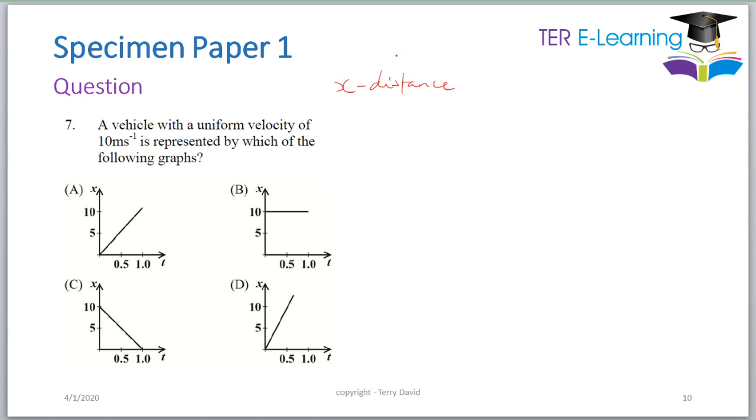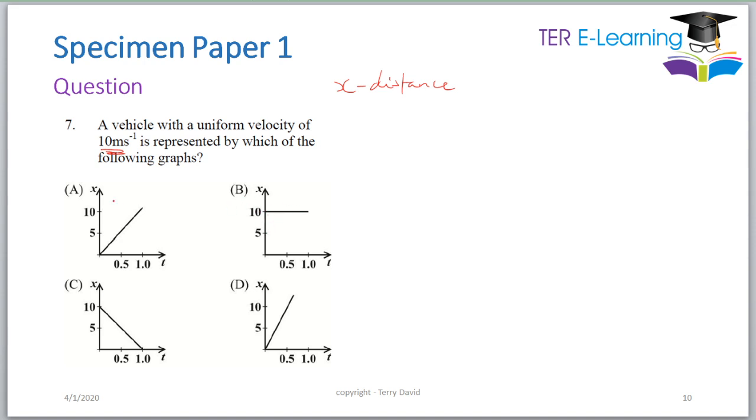They are telling us it's a uniform velocity of 10 meters per second. Now, if you have a distance-time graph and we are talking about velocity, the gradient of a distance-time graph gives me velocity. So we are looking at these graphs here and we are trying to determine which one gives us a gradient of 10 meters per second.